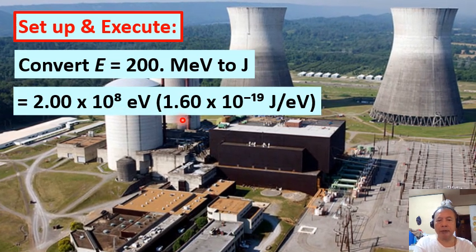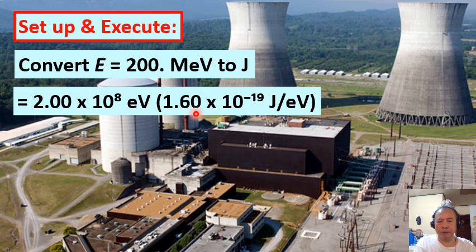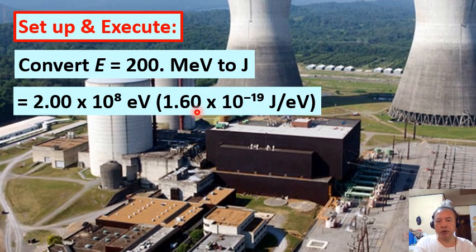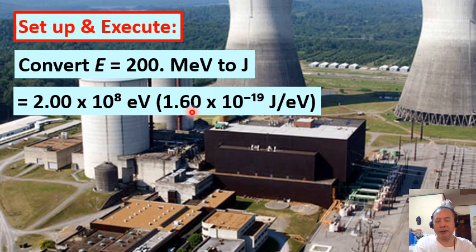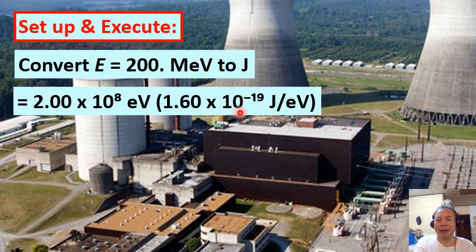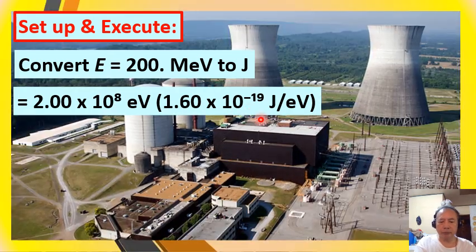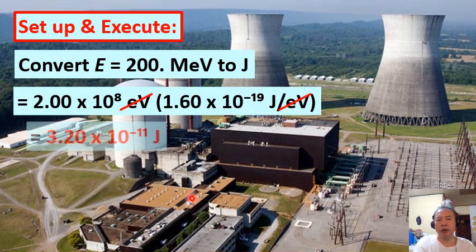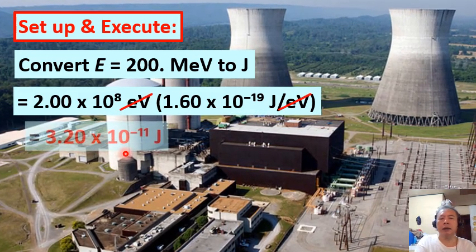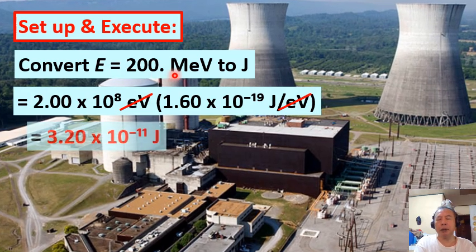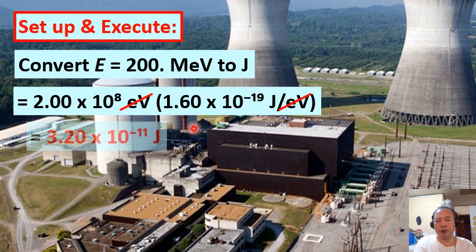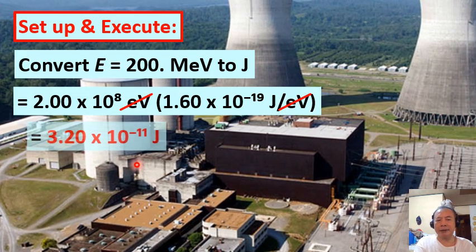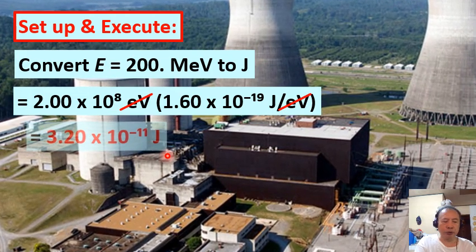And we multiply that by the conversion factor, where 1 electron volt is equivalent to 1.60 times 10 to the negative 19 joules. So when you do the math, we find the equivalent of 200 million electron volts in joules, which is 3.20 times 10 to the negative 11 joules.